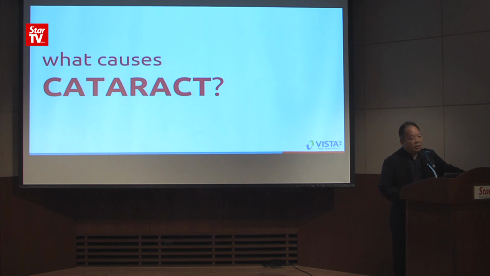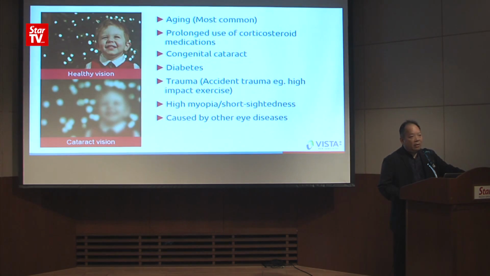Now, what are the causes of cataract? The main cause of cataract today is aging, age-related. But there are also other causes of cataract besides aging. Prolonged use of corticosteroids, whether orally or applied in the form of eye drops, can also lead to cataract formation.